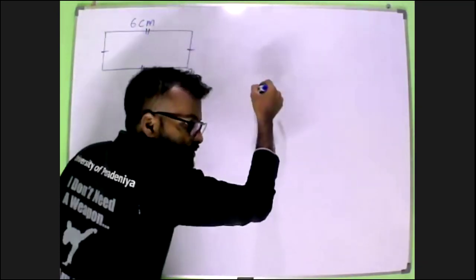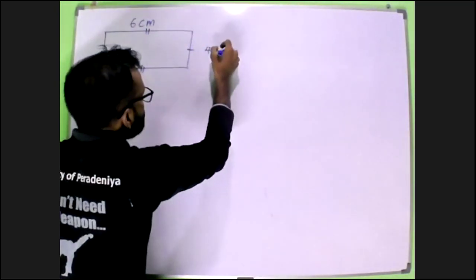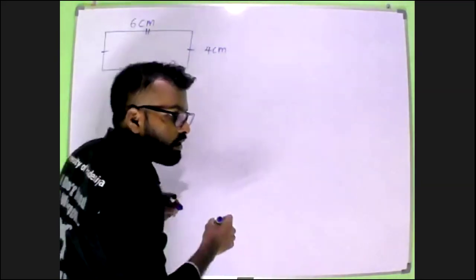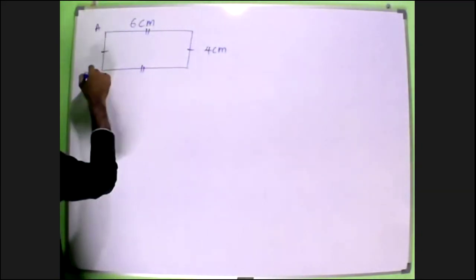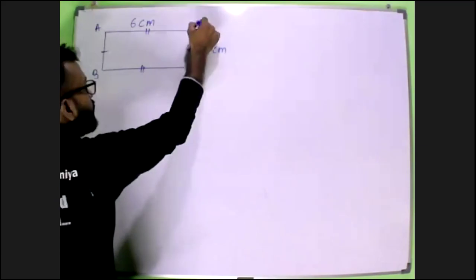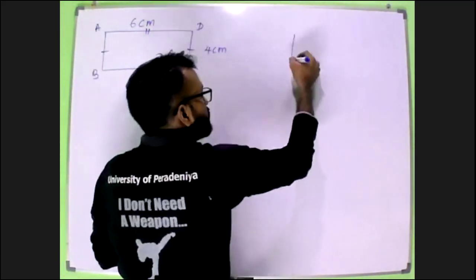Six centimeters, 4 centimeters, A, B, C, D. A, B, C, D, and this is a square.